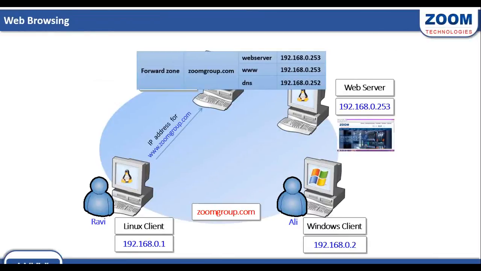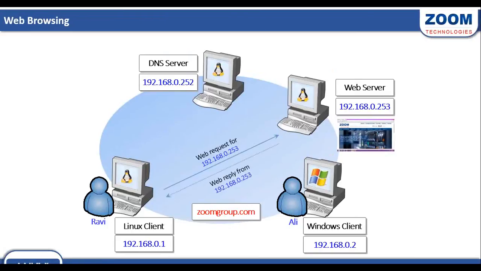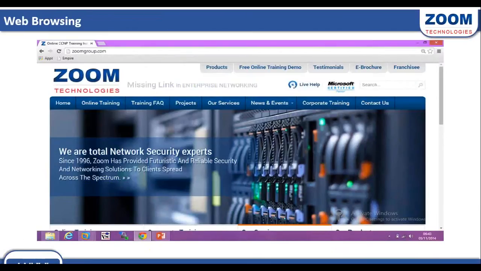If website name is present, it resolves that name into the web server IP address and gives IP back to client. Then from the client, the request will come to web server, and then web server will find the web page. If the web page is found, then web server will give website to client, and as a result client is able to access the website.